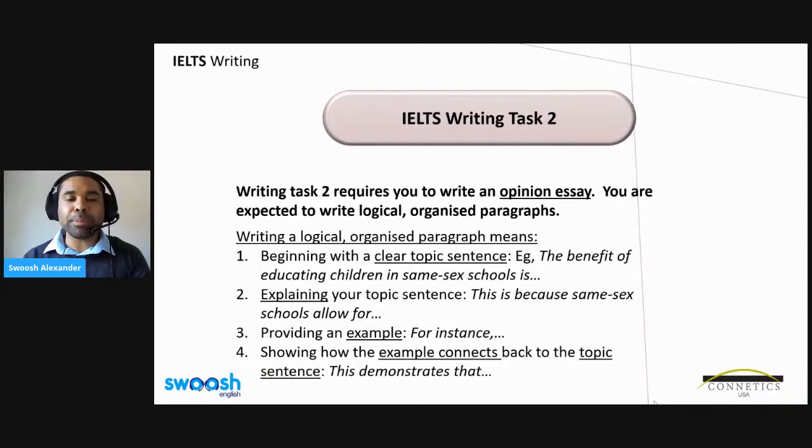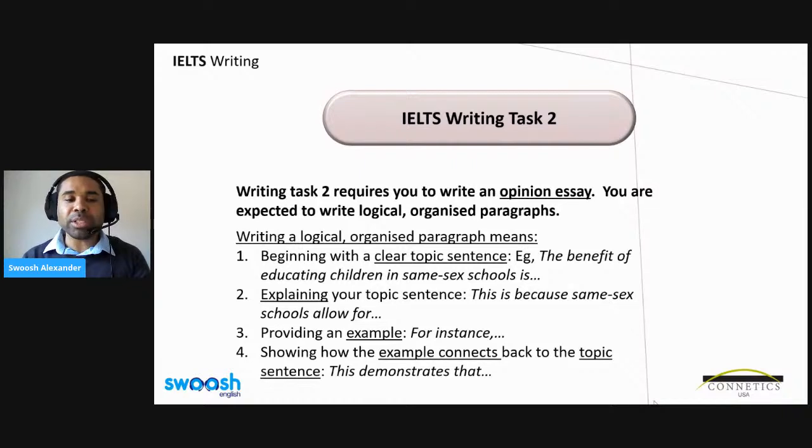We then explain the topic sentence by writing something such as, this is because same-sex schools allow for, and then we might say they allow for more opportunities for focused study as there are fewer distractions due to there not being the opposite sex, for example. Okay, so that's the point, is that in the first sentence we've got a clear topic sentence, then in the second sentence we explain that topic sentence using appropriate language.